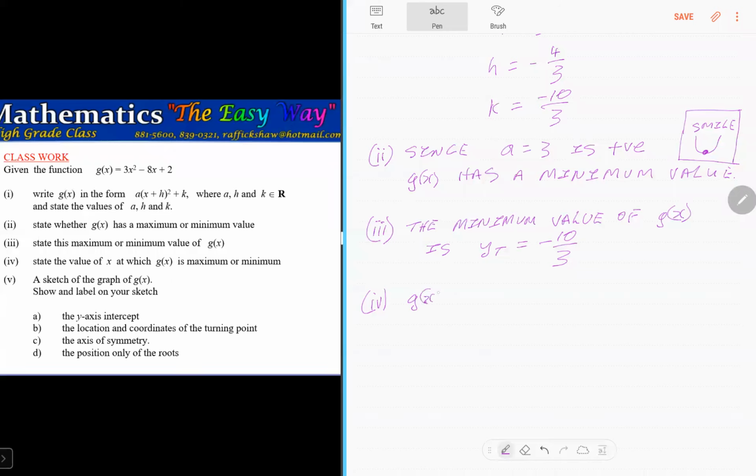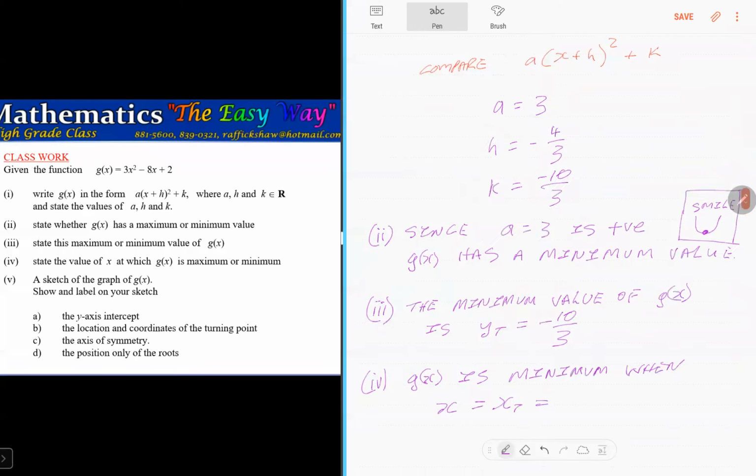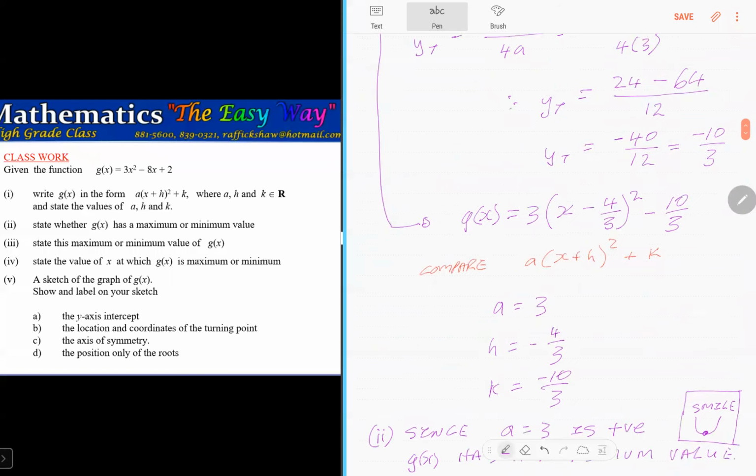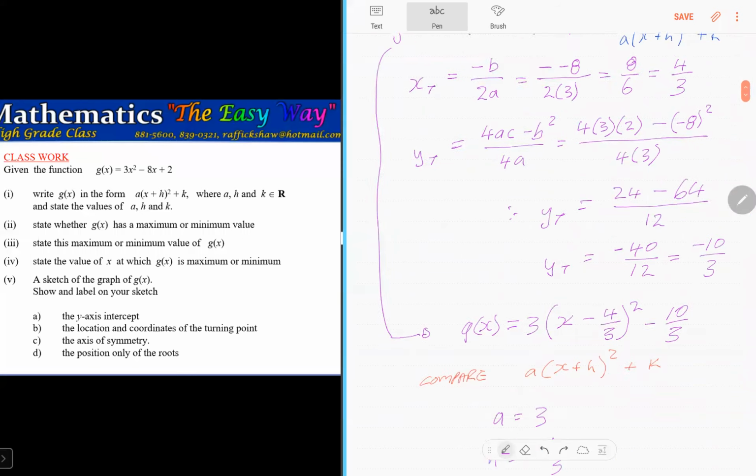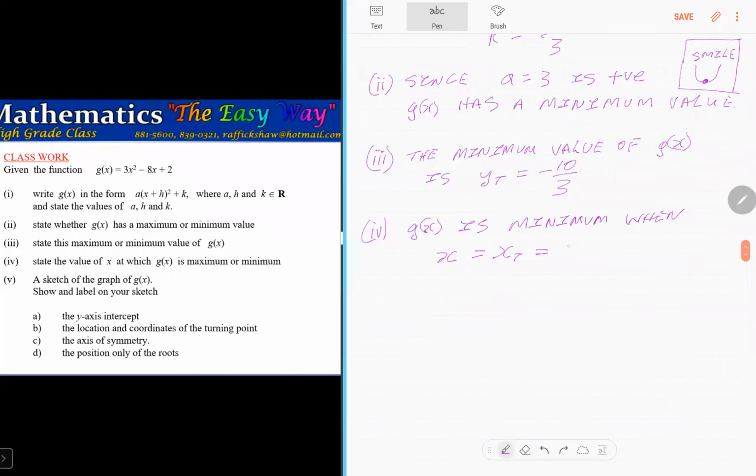G of x is minimum when the x value is equal to the xt value, which is 4/3. Xt up here was 4/3.